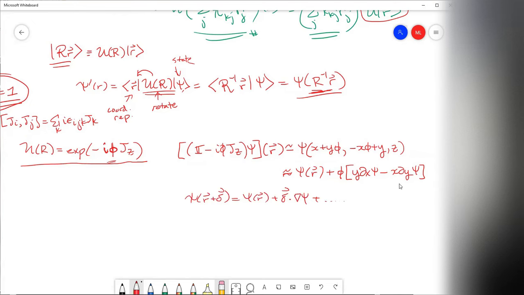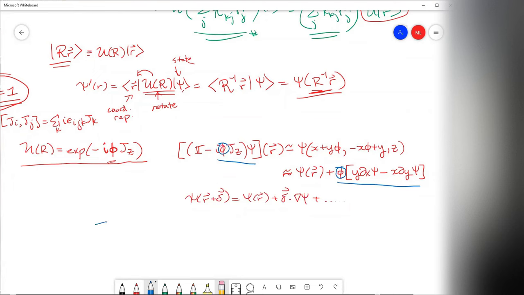Okay, so you have this, and this is a combination of position and momentum. The derivatives are going to be momentum with a factor of i. Now we can compare this and this, because both are linear in phi.